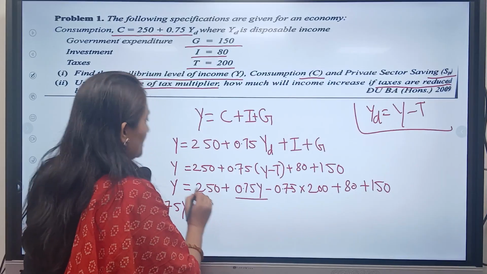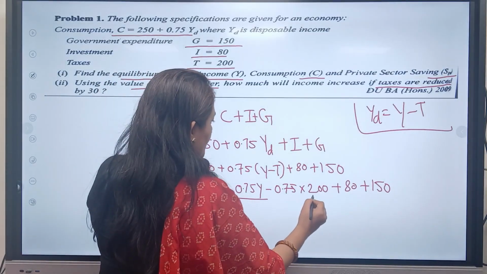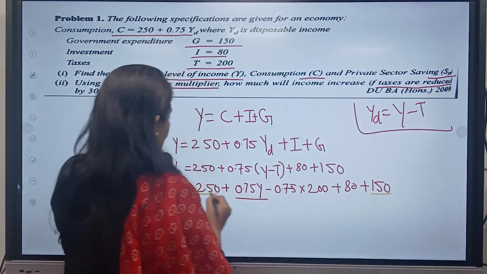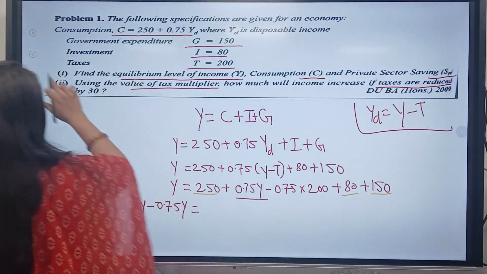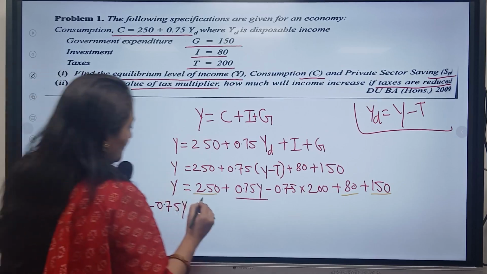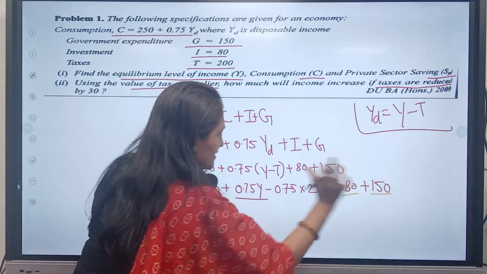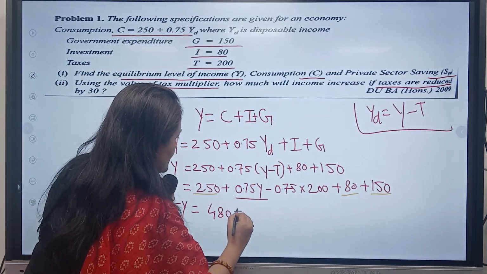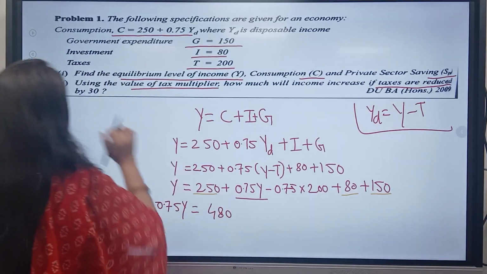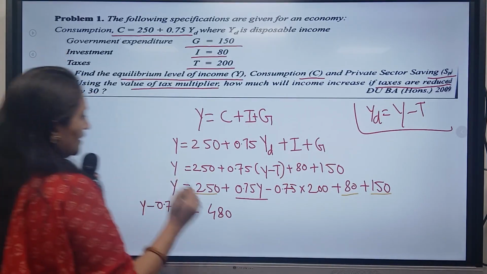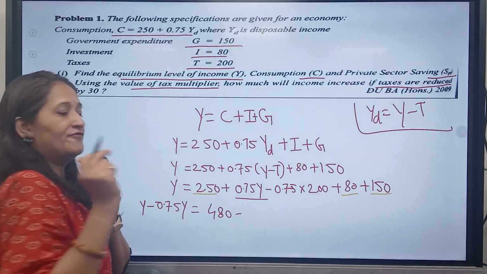So this is 250 plus 150, that is 400. 400 plus 80 is 480. So thus this becomes 480. Then it's minus now because there's a tax. Tax will lead to a deduction in your income, so that's why it is a minus value. Minus 0.75 of 200.